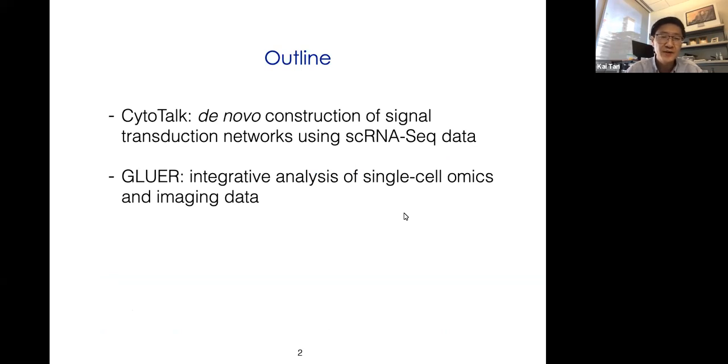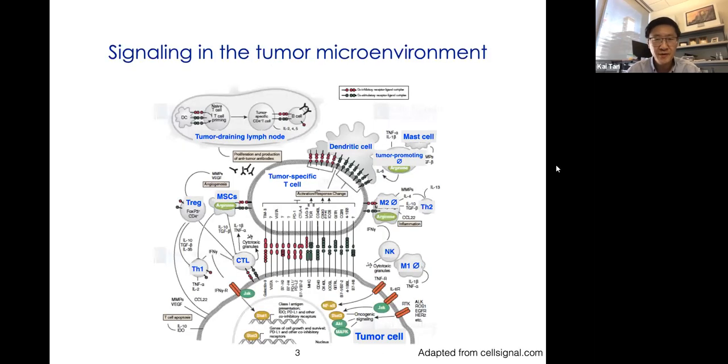The first one is called CytoTalk, to infer signal transduction networks using single-cell RNA-seq data. The second one is a general framework to integrate single-cell omics and imaging data. I'll go over both methods.